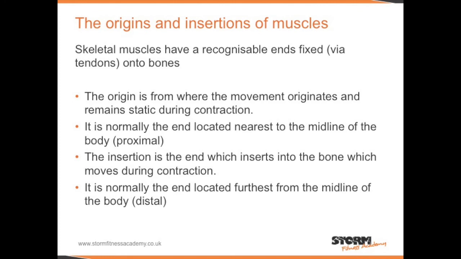The insertion is the end which inserts into the bone, which moves during contraction. It is normally the end located furthest from the midline of the body, also known as distal. For example, a biceps brachii has an origin on the scapula. The insertion is on the radius.